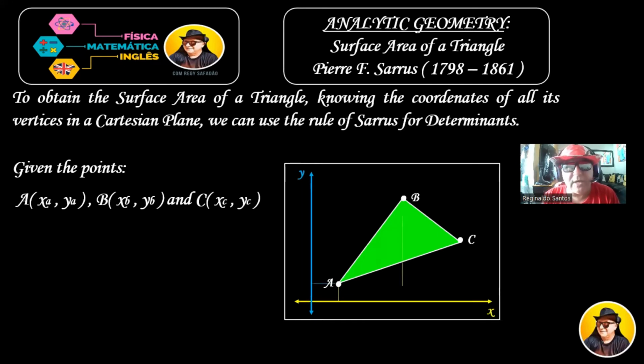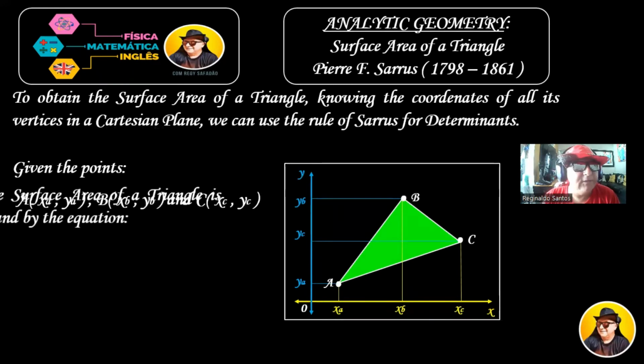Now let's see the coordinates of point A, point B, and point C, as I told you here on the left. So we have x of A, x of B, and x of C, and also y of A, y of B, and y of C, on the horizontal and the vertical number lines.